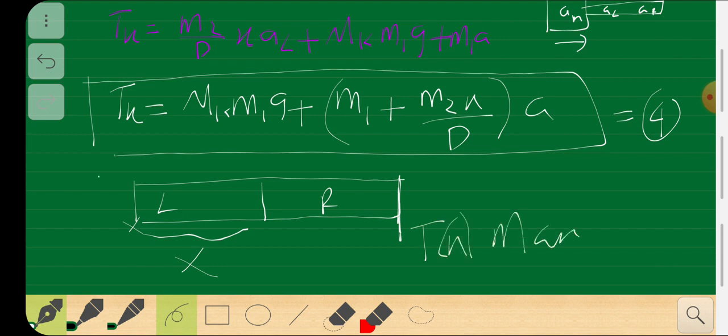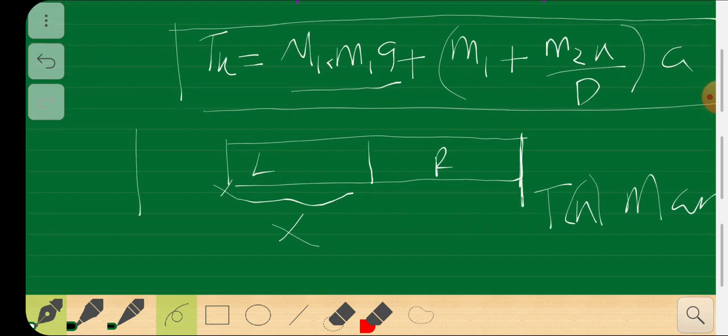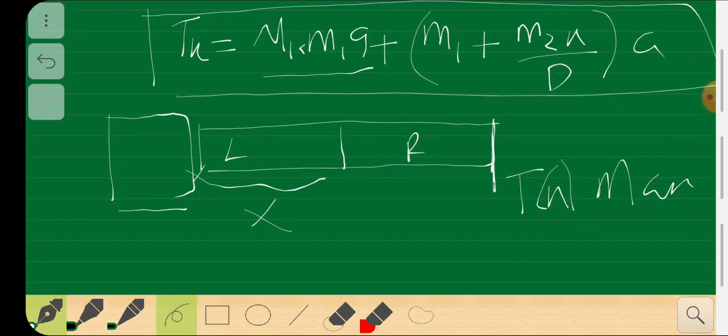At the left side, T of x will be the minimum, at x equal to 0. It only has the tension of the frictional force acting there, nothing else, only the frictional force of this massive body hanging there. So tension is actually a varying function inside a body, and it is going to change with distance. That's the one thing I need you guys to remember.